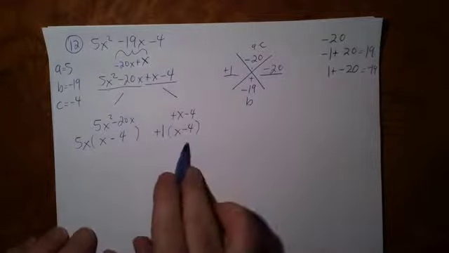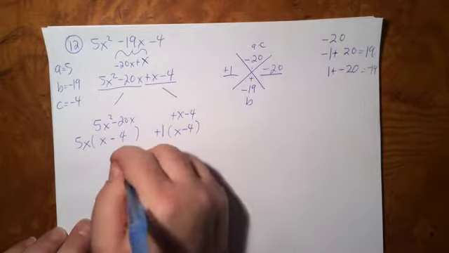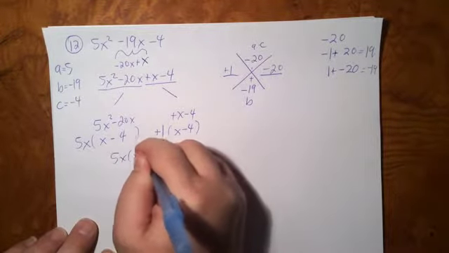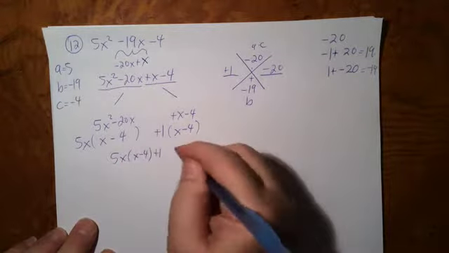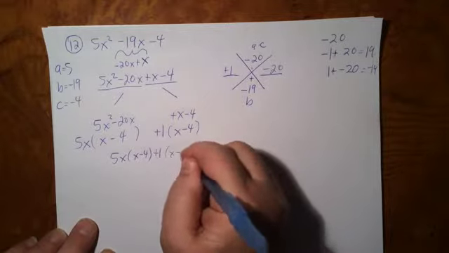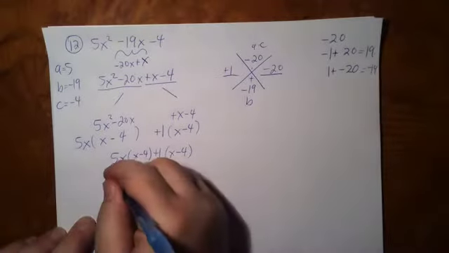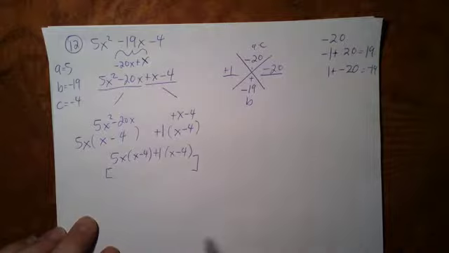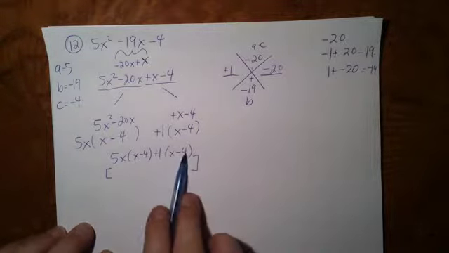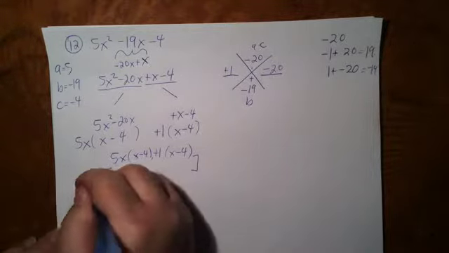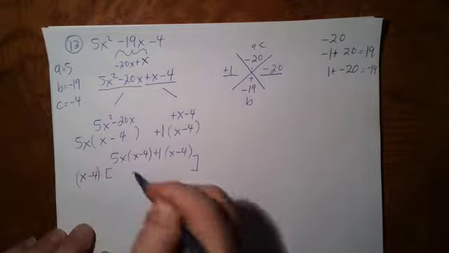So now we've got, writing this again, 5x times x minus 4 plus 1 times x minus 4. Well, if I want to factor out the binomial factor that's in common, I'm going to factor out x minus 4.